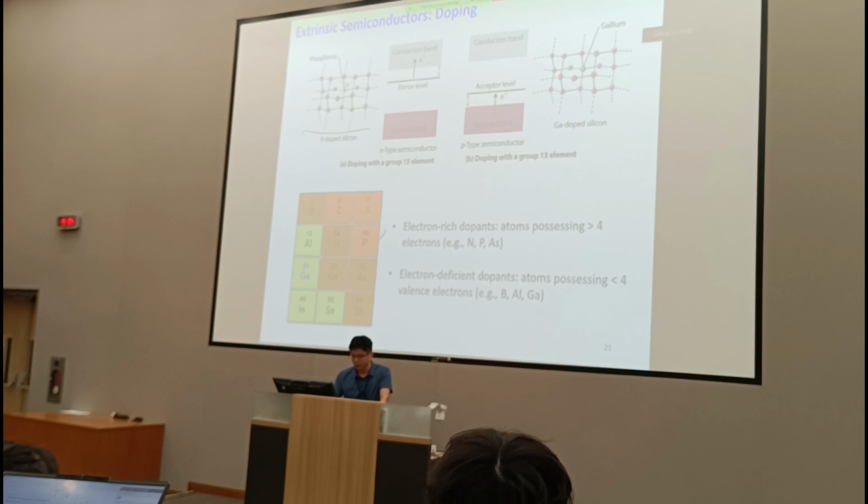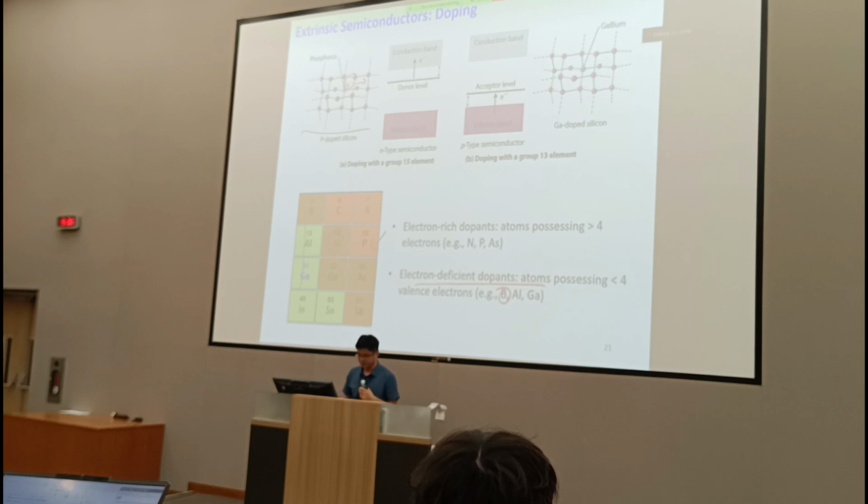If you introduce phosphorus, the element on the right, you have one extra valence electron. This extra electron can be donated into the host and become a free carrier. So this is the n-type dopant. In the opposite way, if you introduce boron or aluminum, on the left side, you have one valence electron less. So this is a p-type dopant.